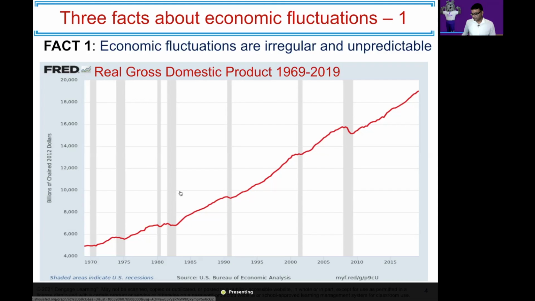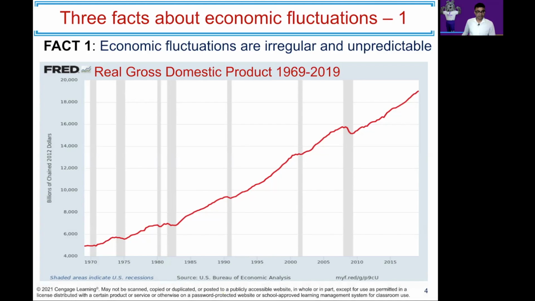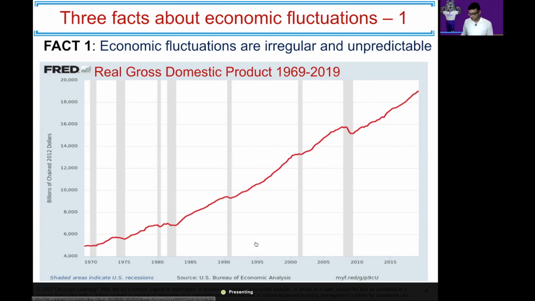So it's an irregular pattern here. You can see here the 1980 recession, and another one is 1982, I think, yes. And then the longest expansion could be over here, from 2001 to 2019. So you don't have any regular pattern, and also it's very unpredictable. You can't predict when you will have recessions.